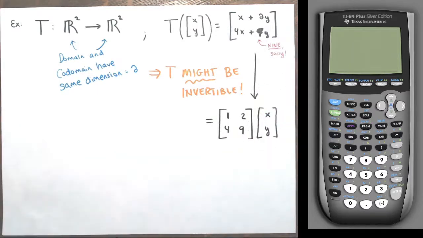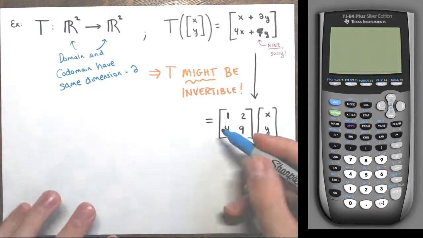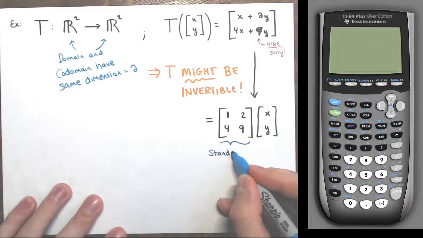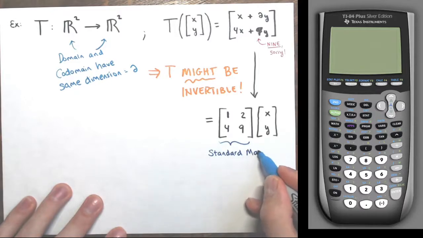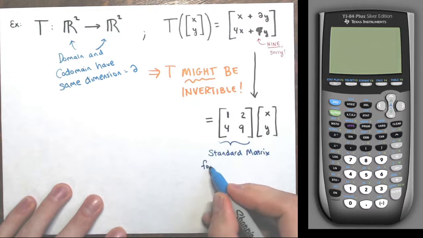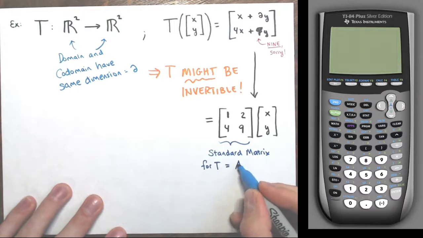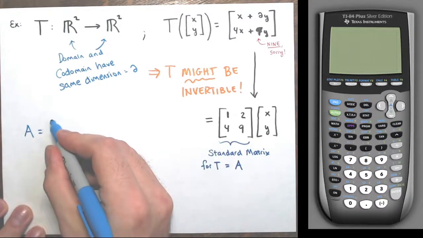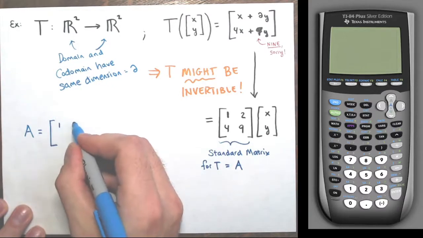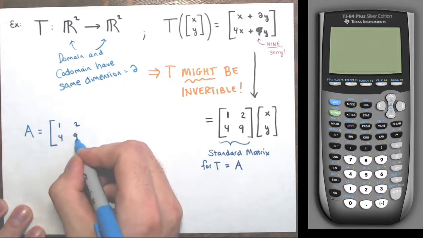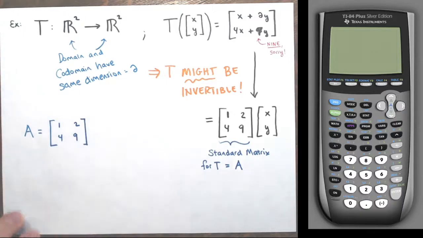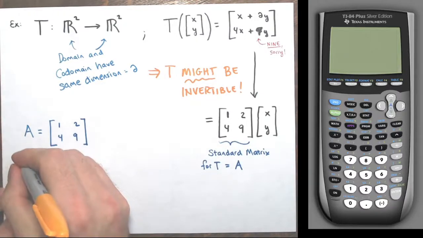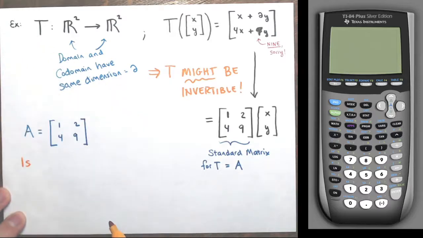I will call this A, the standard matrix for T. So A equals this 2 by 2 matrix with entries 1, 2, 4, 9. And the question is, is A invertible? Because if it is, then T will be invertible.